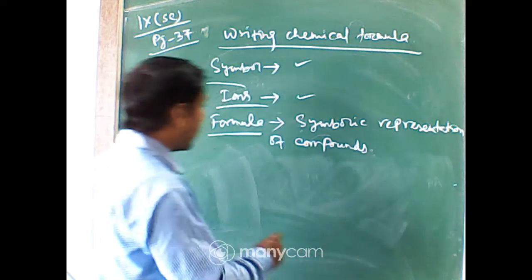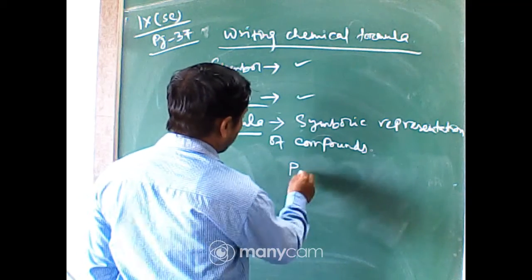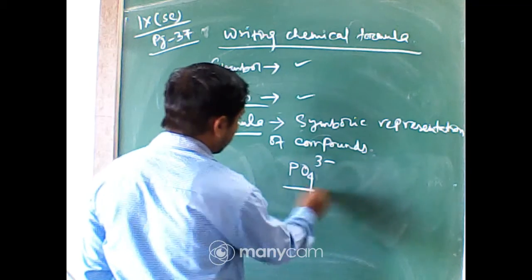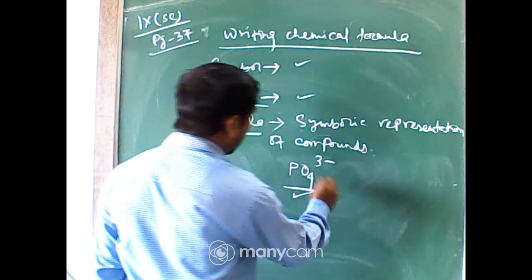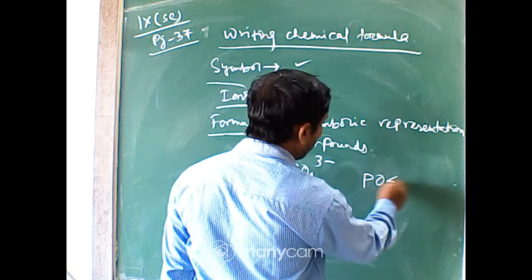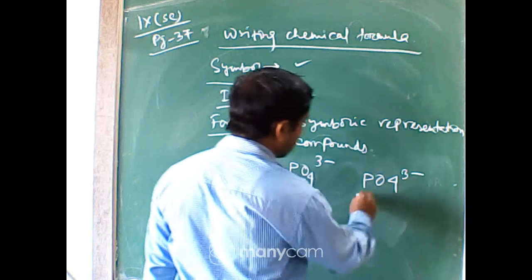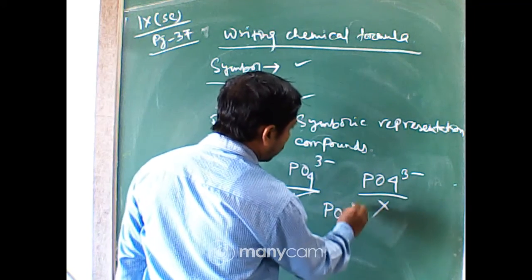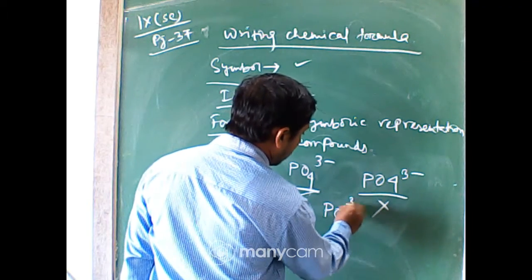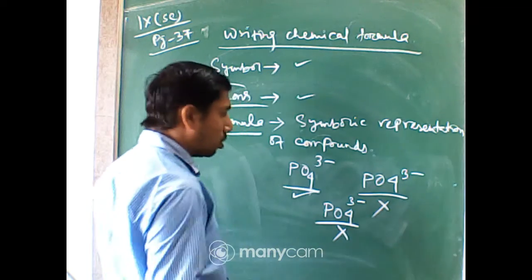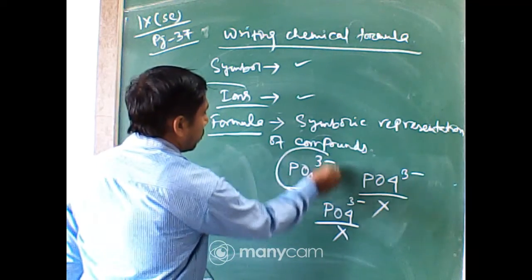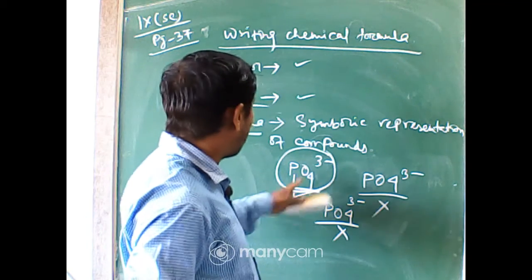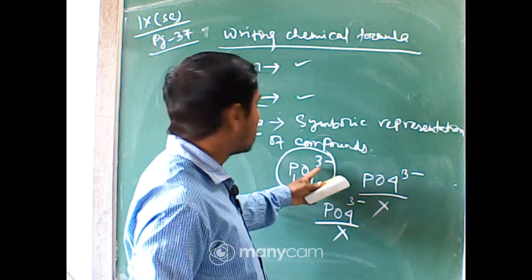Now, come to an anion. Suppose phosphate. The formula for phosphate is PO4 3-, with the 4 as a subscript and the 3- as a superscript. Okay. Now, this is the correct one, but PO4 3- written with all the letters the same size is not correct. In phosphate the number of phosphorus atoms is 1, the number of oxygen atoms is 4, and this is the charge.